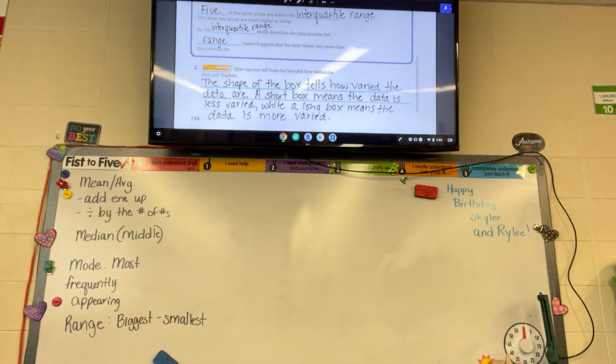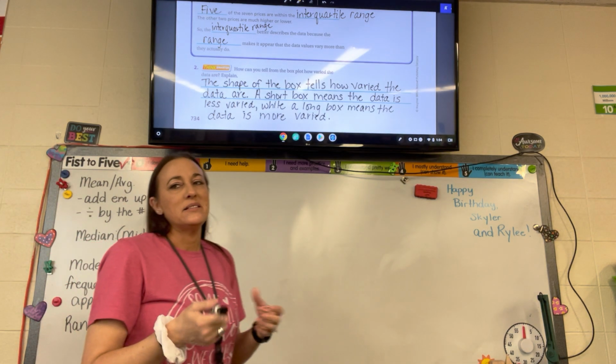I don't really like the way that it words it. The shape of the box tells how varied the data are, because I think of data as a singular thing, and think of it as is, but because there's multiple points, they set it as are.